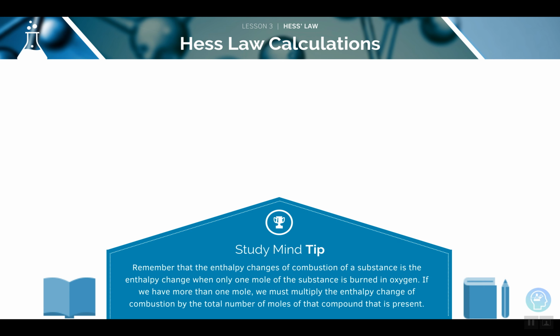If we have more than one mole that is being combusted, we need to multiply the enthalpy change of combustion by the total number of moles of compound that is present. This is usual in AQA exams for questions with higher amount of marks.